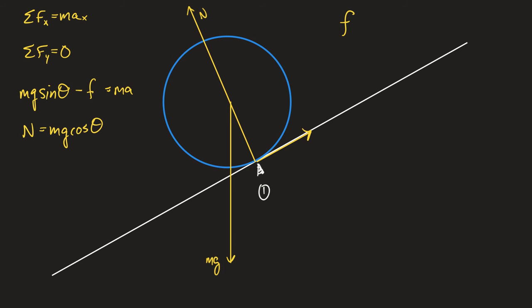Here's the problem. In prior times when we've done this, we've kind of made this substitution. But I want to remind you that static friction is an inequality. And under the circumstances of rolling, it is very unlikely that you are coming anywhere near the maximum capacity of static friction.